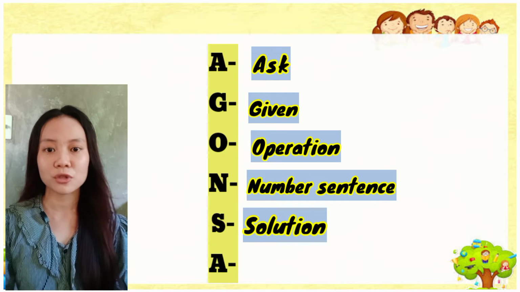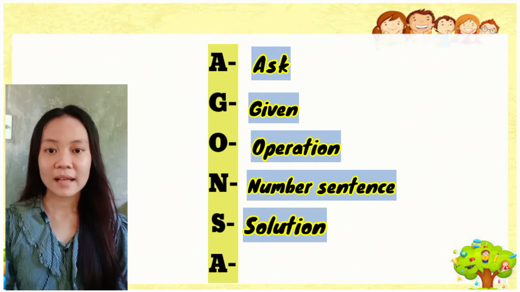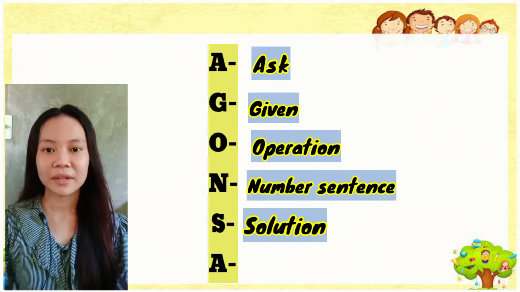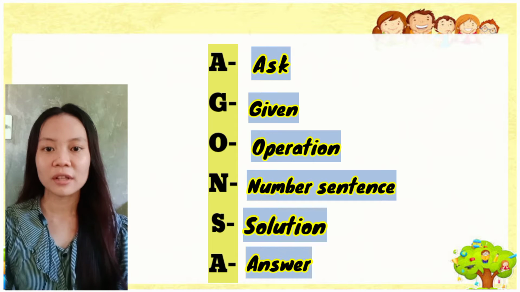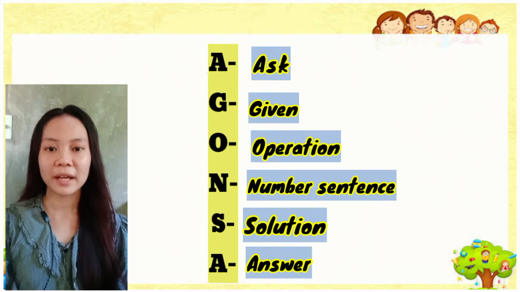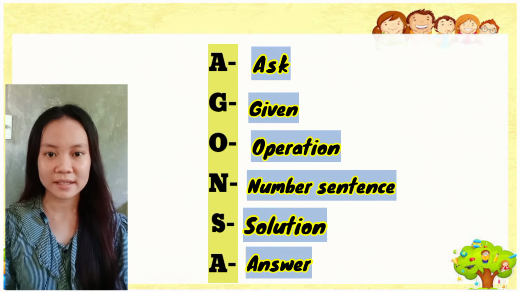What is the solution to the problem? And then lastly is the A. A stands for the answer. So that's all for the Agonsa method. A is ask, G is given, O is the operation, N is the number sentence, S is the solution, and A is the answer.